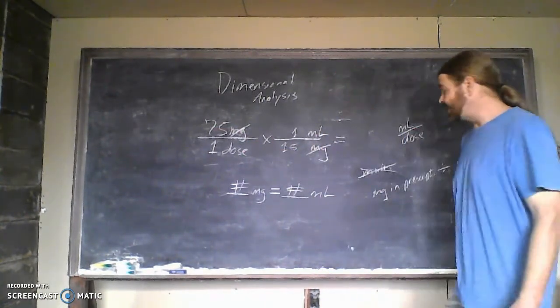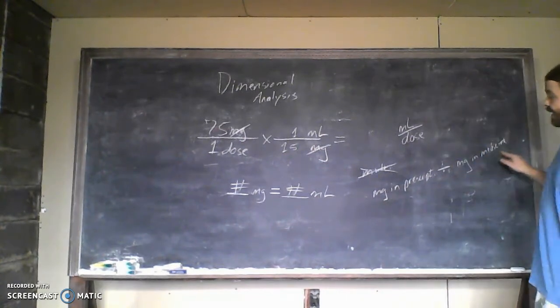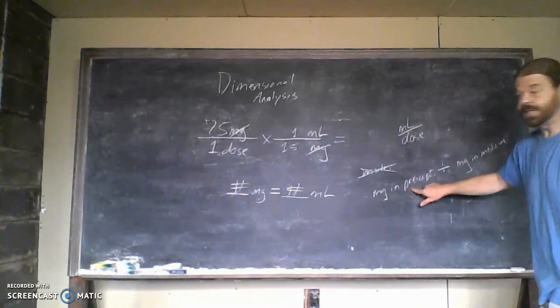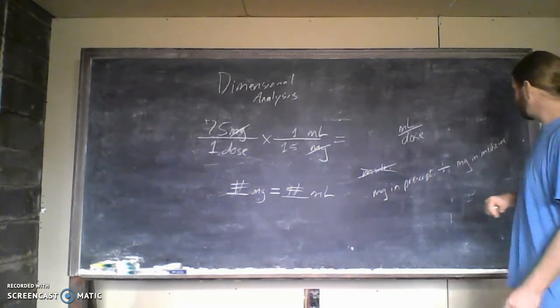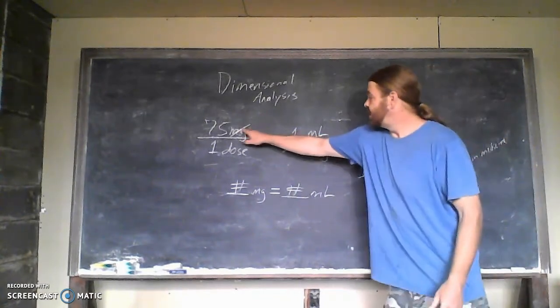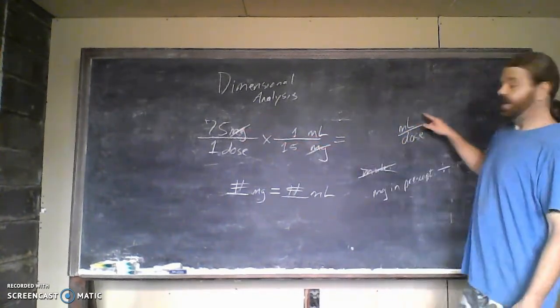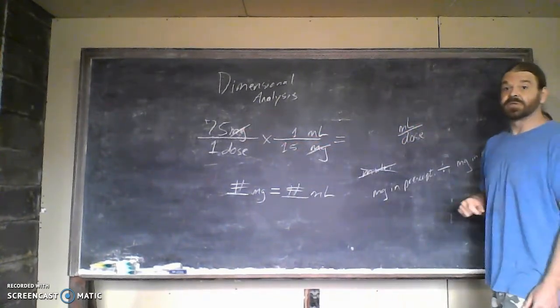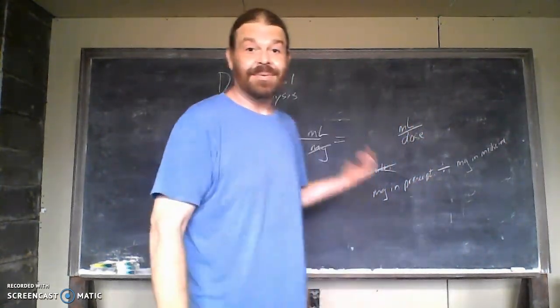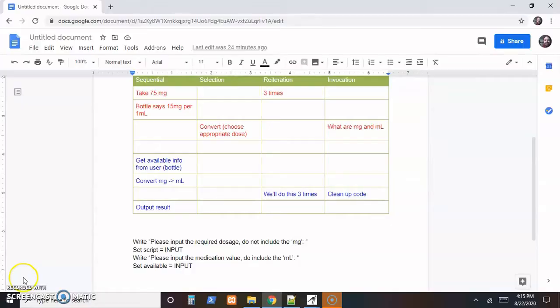It's called dimensional analysis. And that gets us to a formula. So the milligrams in the prescription divided by the number of milligrams in the medication will leave us with the number of milliliters in the dose. So that's the quick pass at how we put together conversions.